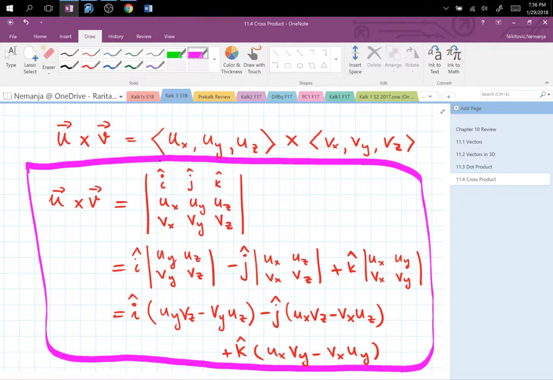So why is the j negative? The way I'm going to answer that question is to say, linear algebra.